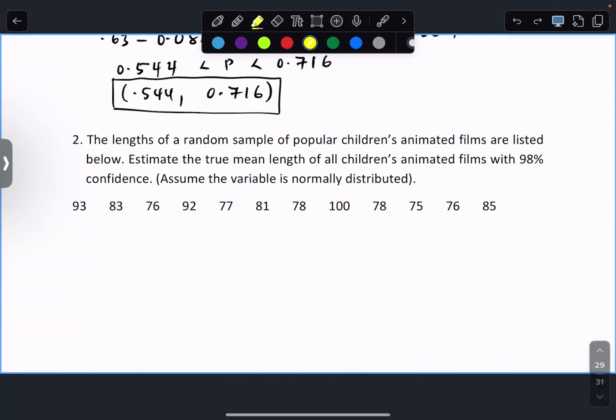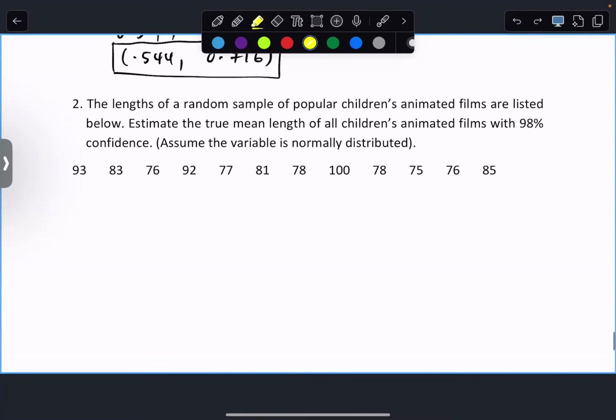So the next example, this is where most students will always think that every problem is a proportion. This is not proportion, this is for the sample mean. So who can tell me what we need to do here? This is a population mean problem.